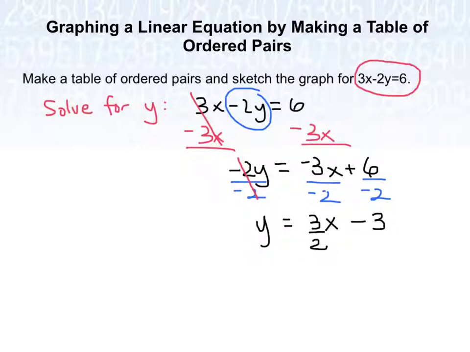I would like to point out that we don't actually divide the numbers where we see the coefficient of x. A lot of times we just want to simplify by making sure the answer is going to be positive or negative, and we really just leave it in fraction form. So now that our equation is solved for y, it'll make it easier when we plug in values of x to find a corresponding y value to get an ordered pair.